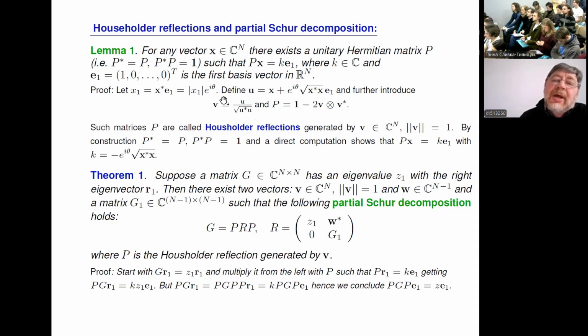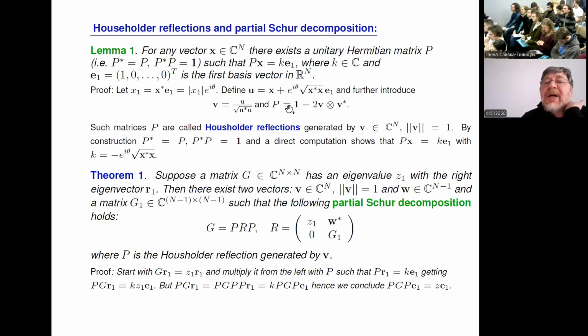So we get a complex vector v of norm 1, and then construct the matrix P as just the identity matrix minus 2 times v tensored with itself, with its Hermitian conjugate. And then it's very easy to show.